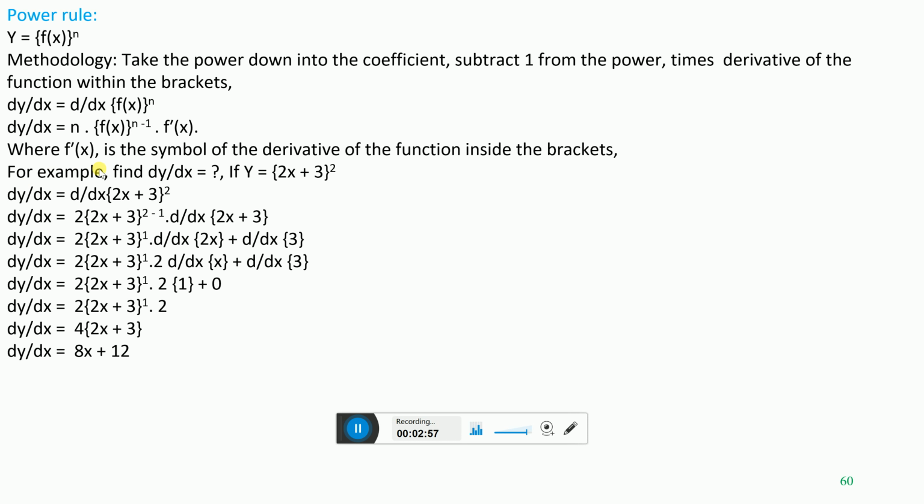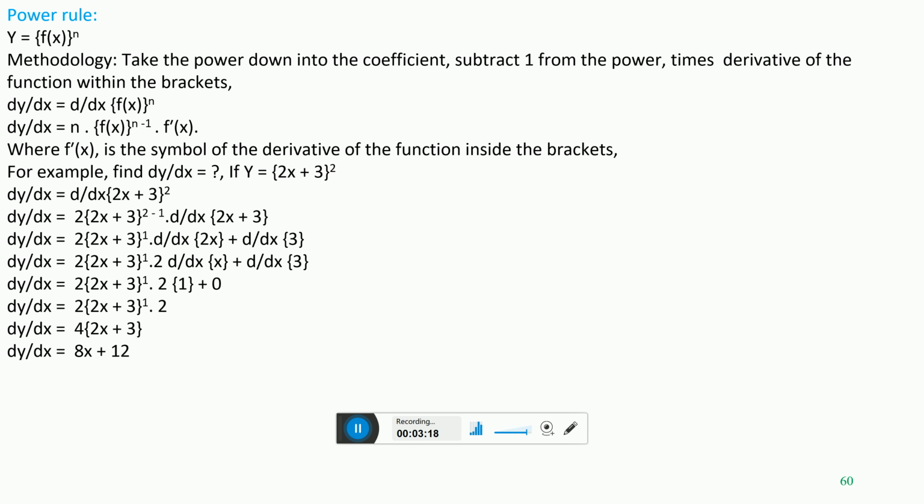For example, find the derivative dy over dx of the function if the function is y is equal to bracket start 2x plus 3 bracket close whole raised to the power 2. This is a given function with an exponent 2. Now what to do?